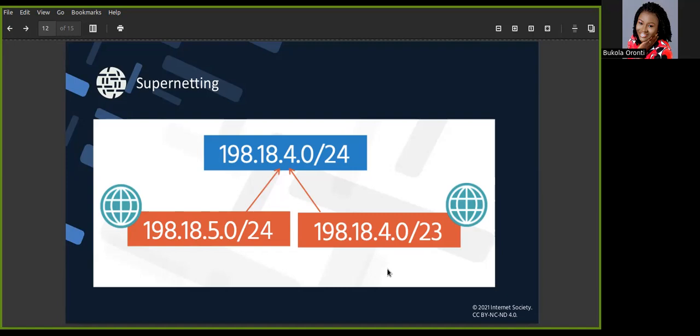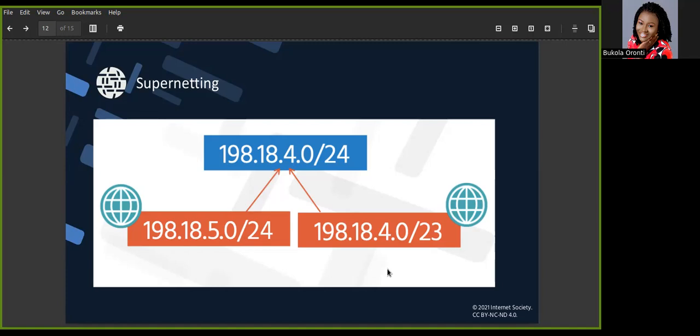Now, if the routing table is very large based on the number of available IP addresses, it chunks up memory space and bandwidth. So to avoid that, we use supernetting. It helps to reduce memory requirements, bandwidth requirements, and routing tables, and it provides more network stability for the organization.